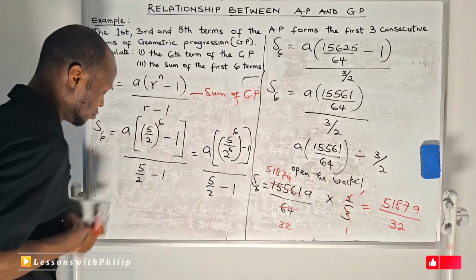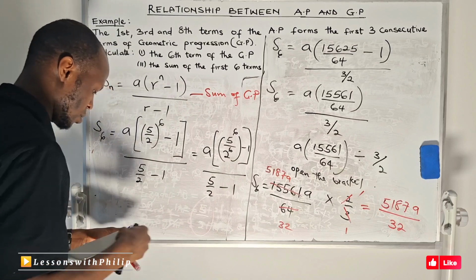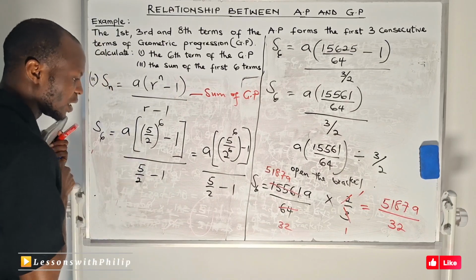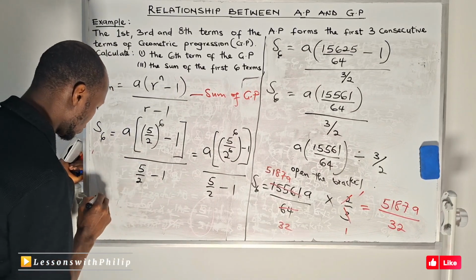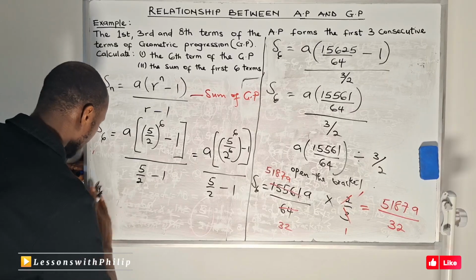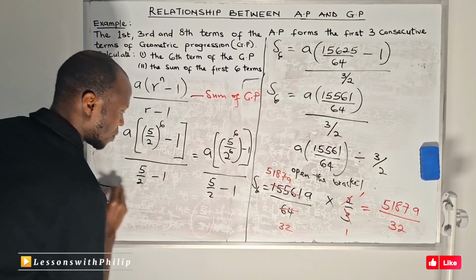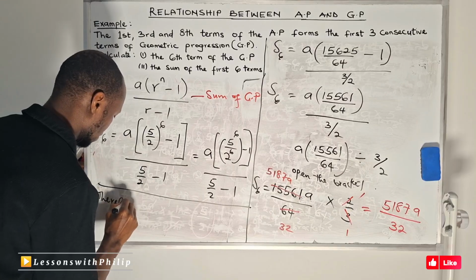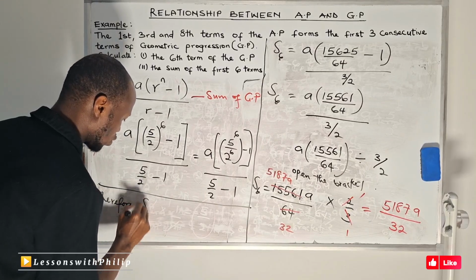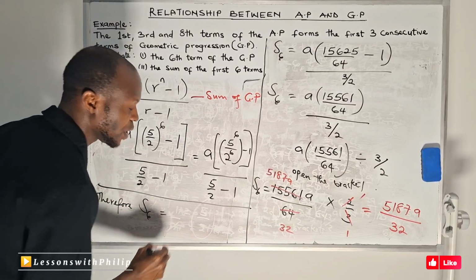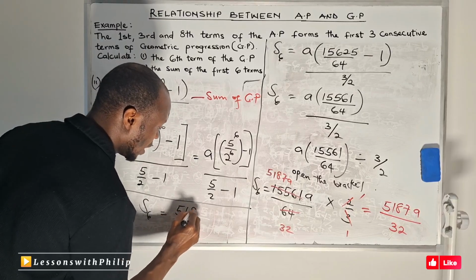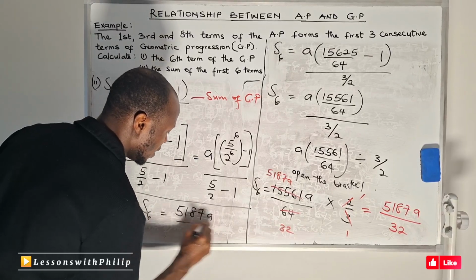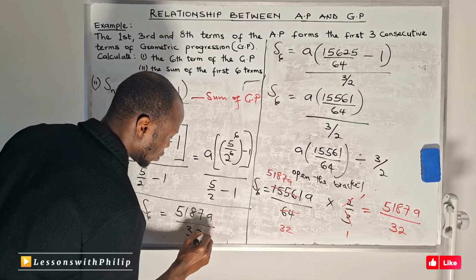So automatically, therefore, the sum of the 6th term will now be equal to 5187A divided by 32.